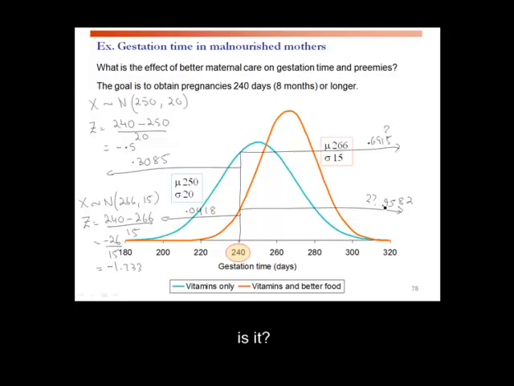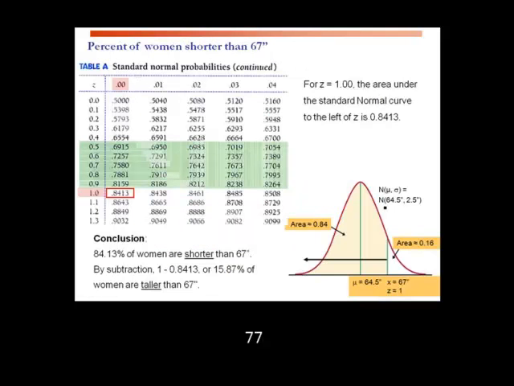Are you seeing this? Because I'm looking for the number negative 1.733. Okay? What the top part gives you is the second decimal point. Look at the difference.